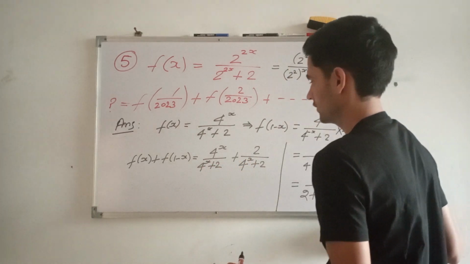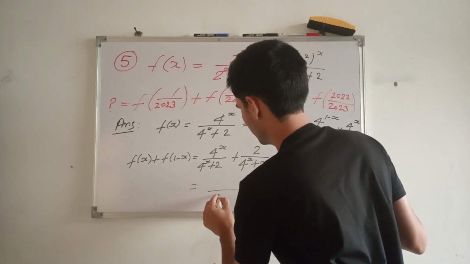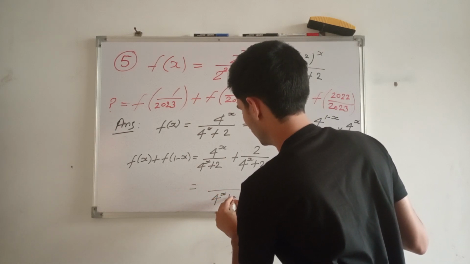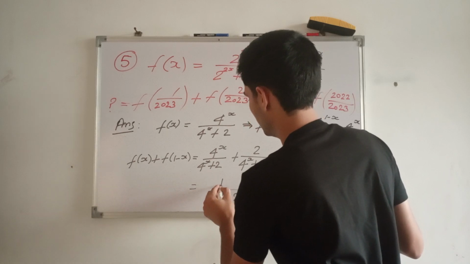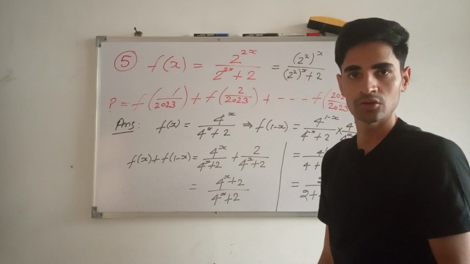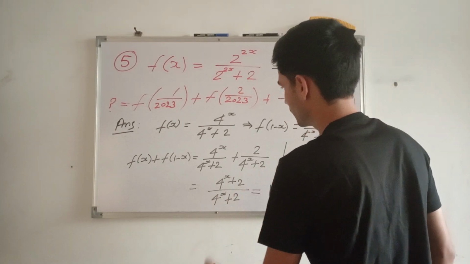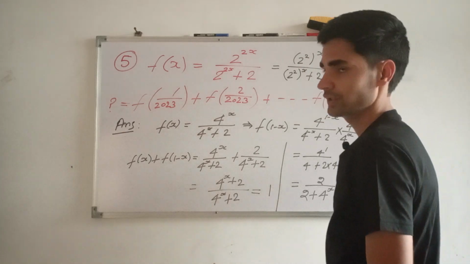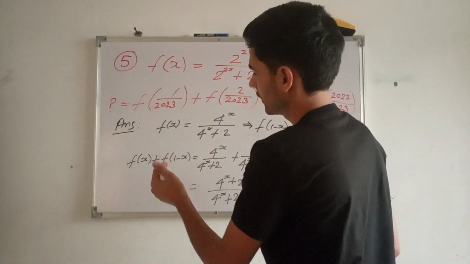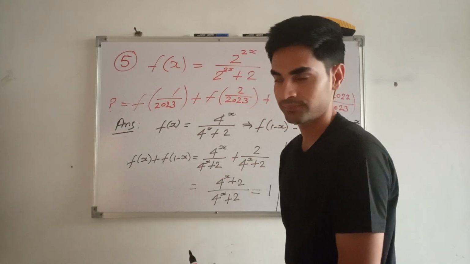Both the denominators are the same, so we can take the LCM, 4 to the power x plus 2, and in the numerator as well we will get the same. Both numerator and denominator are the same, which will cancel out and we will get 1. So here what we see, f(x) plus f(1 minus x) is always 1.